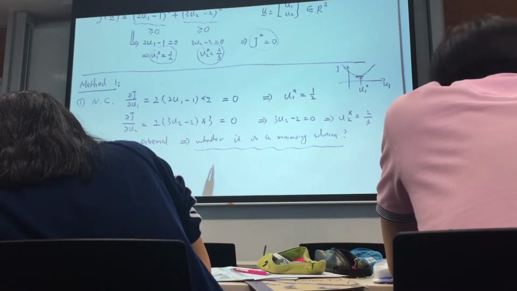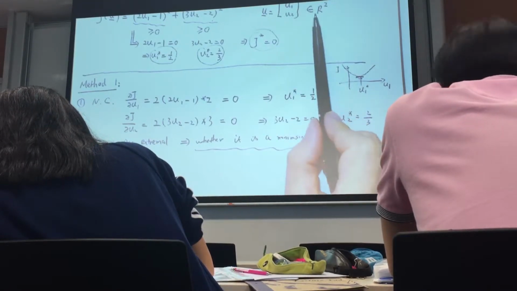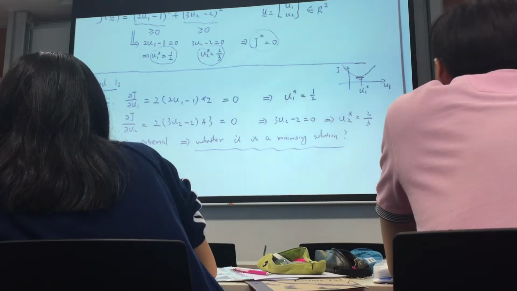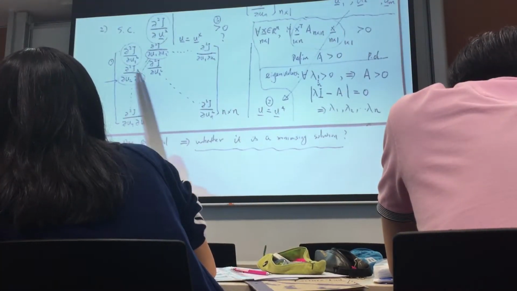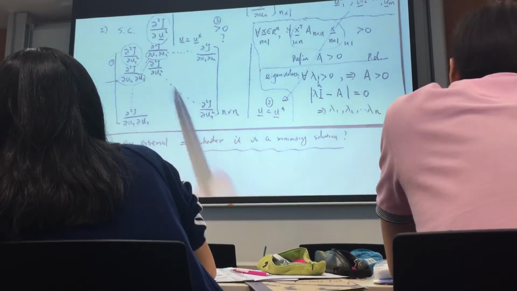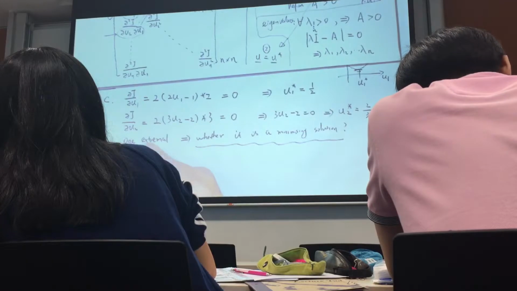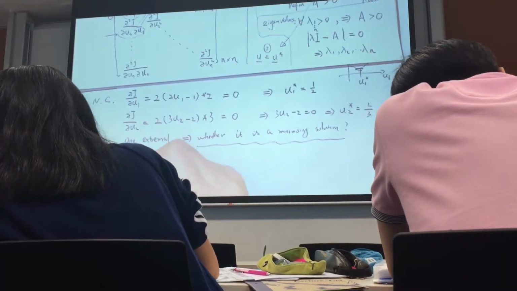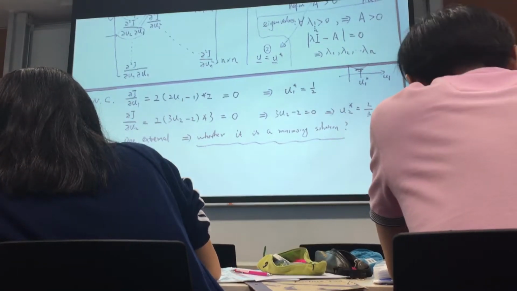For the sufficient condition, we know U belongs to R2, so it is a two-dimensional space, and from here this will be a 2x2 matrix. The sufficient condition is to evaluate d²J/du².